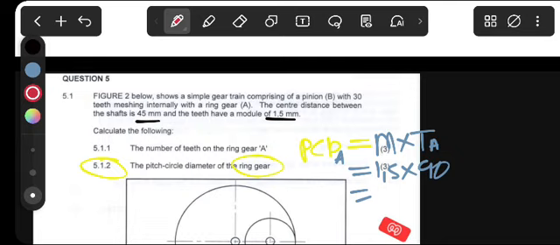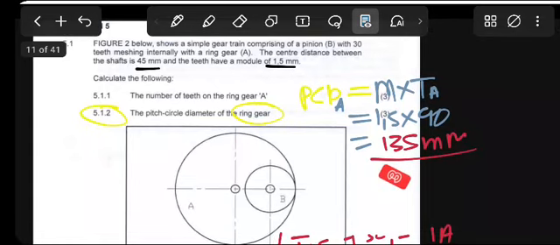Multiplying this by 90, I will have 135 millimeters. So that is how it goes, guys.